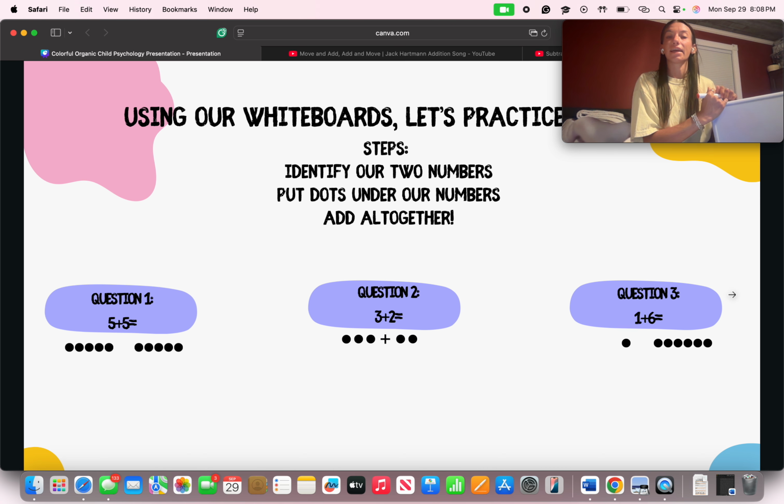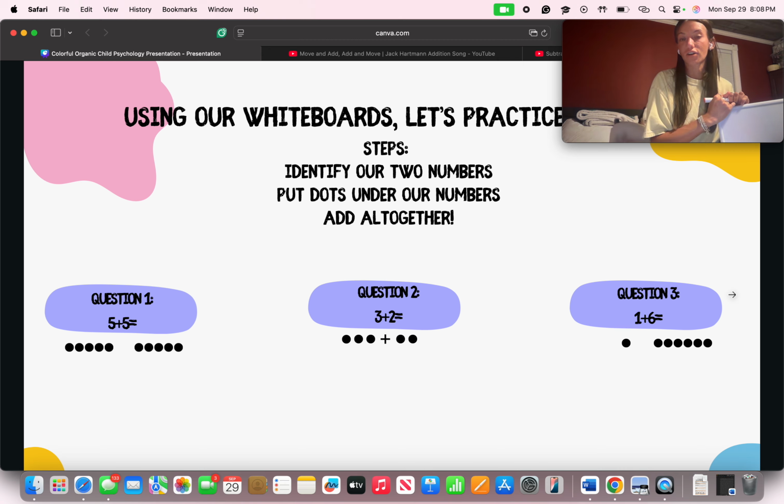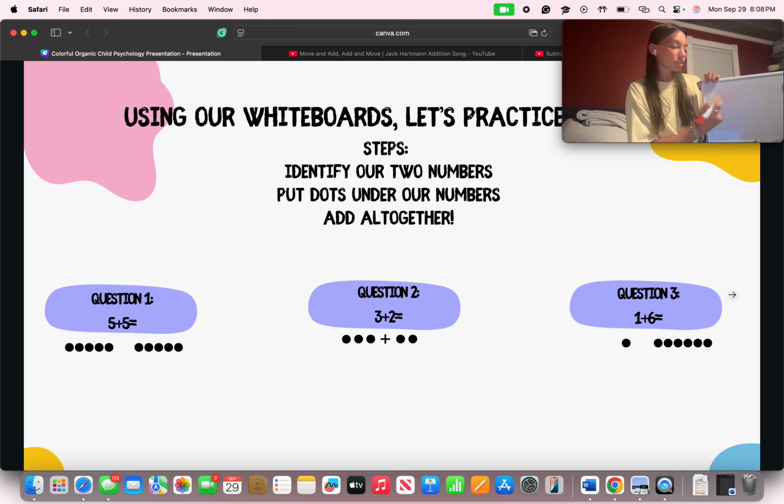The steps we need to take are we need to identify our two numbers, we need to put the dots under our numbers, and then add them all together. Let's do question 1 together. Our question is 5 plus 5 equals.